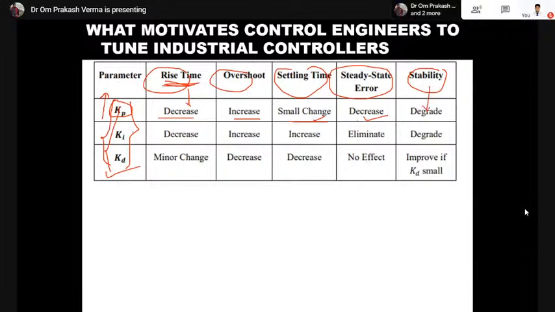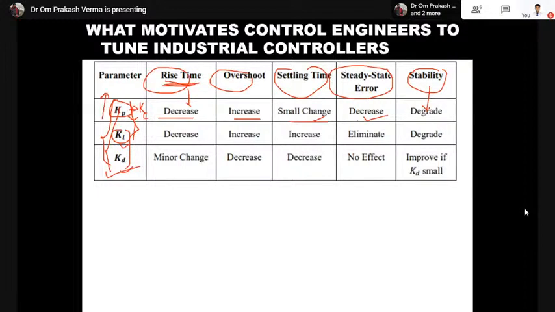Similarly, this is the KI. As I told, the proportional controller may be written as KC, or electronics engineers write it as KP. However, electronics or electrical engineers write the integral term in the form of an integral constant, KI, and KD.